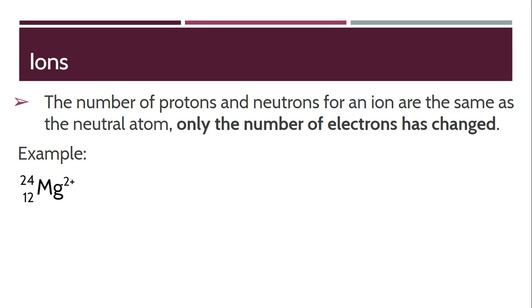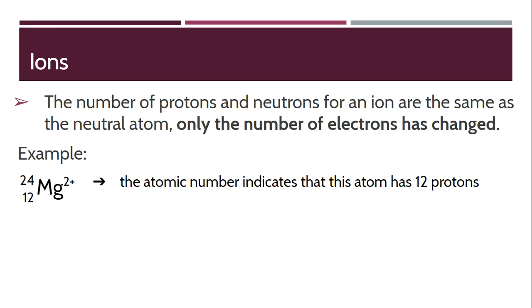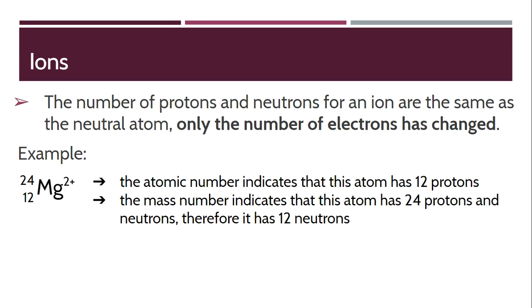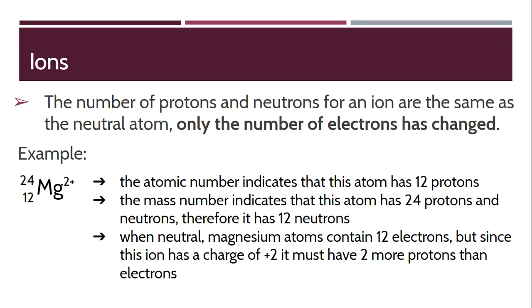So if we look at an example for a magnesium ion, the 12 tells us that the atom has 12 protons. That's the atomic number. The mass number of 24 tells us that it has 24 protons and neutrons combined, which means it has 12 neutrons, 24 minus 12. Now that charge, 2 plus, tells us something about the electrons.